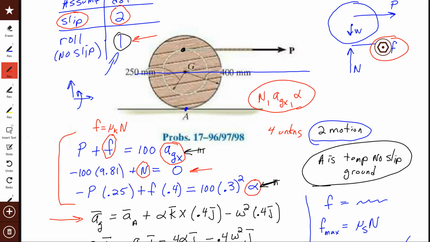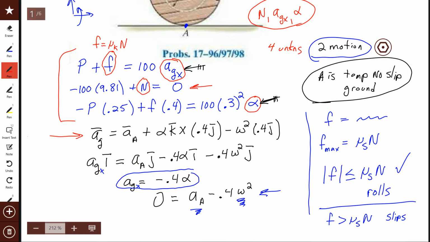It isn't there. Why? Because it's 2 degrees of freedom, and you should have 2 accelerations. The alpha and the AG are not related to each other because it's slipping. So actually, the slip problem is a little easier. You don't need the special points equation, and you only have 3 to solve, and it comes out much quicker. So that's the solution to that.